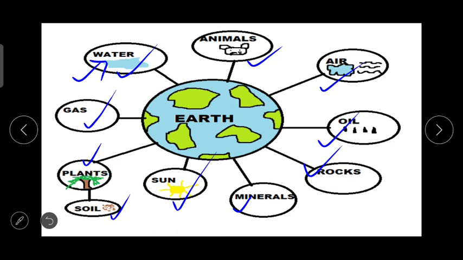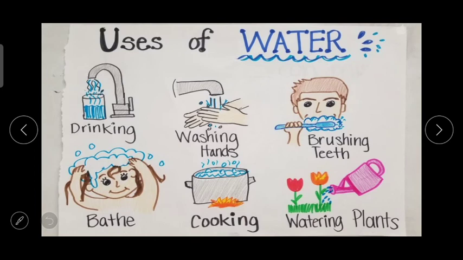We have learned to use some of the things that are available in nature, and the very common and the best example of that is water, because as I told you, we can't imagine our life without water. Uses of water, if we list them, include drinking, washing hands, brushing teeth, bathing, cooking, watering plants, and many more things.